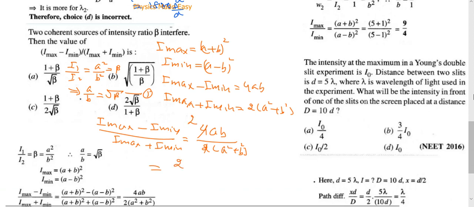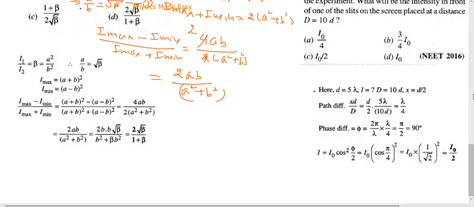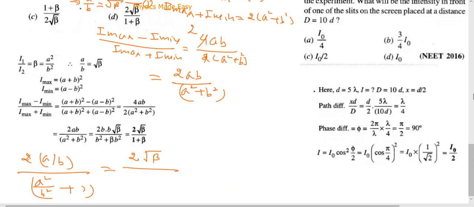So this comes out to be twice of AB divided by A square plus B square. Now divide both sides by B, numerator and denominator. So what will I get? 2 times A divided by B, whole of this, over A square divided by B square plus 1. From here I will get twice under root of beta over beta plus 1.